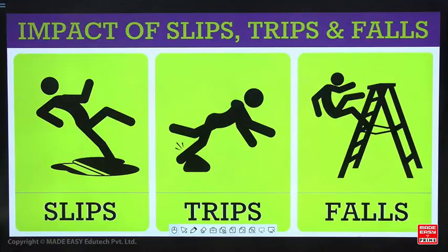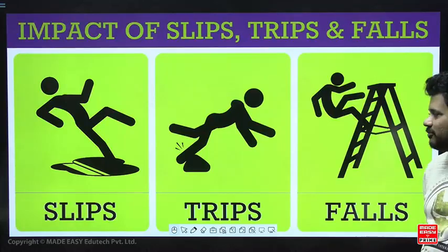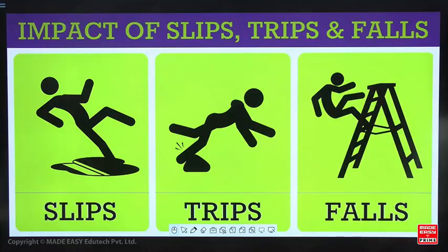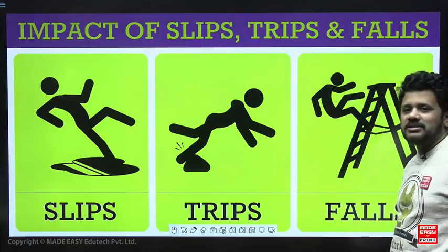So what is slip? Slip is basically due to lack of friction. If a person falls due to lack of friction, it is called a slip. If a person falls due to some hindrance in their path, it is called a trip. And due to the imbalance of the body, if the person falls from certain height, it is called a fall. So this is a common hazard that happens in the industry.